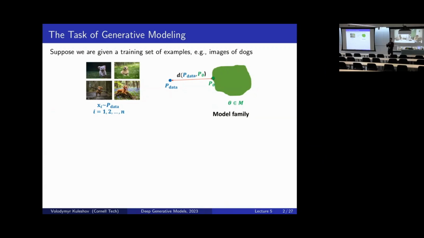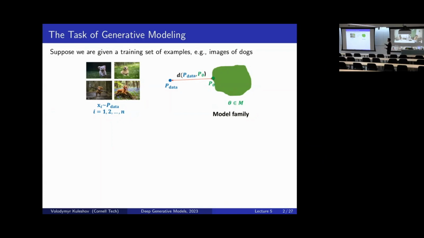And instead of specifying this model by hand, we learn it from data, from a large data set of images, such as here we have images of cats and dogs. Our approach involves 3 components. First, we have to specify a modeling family. This is what's represented by the green blob here. That's the set of all the probabilities that we could learn.